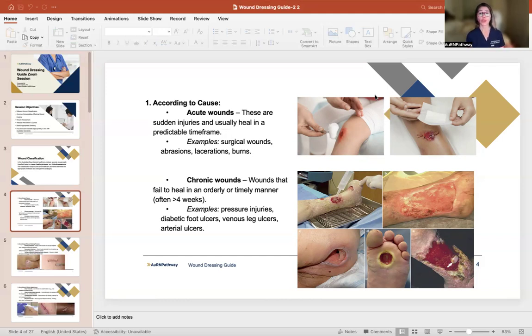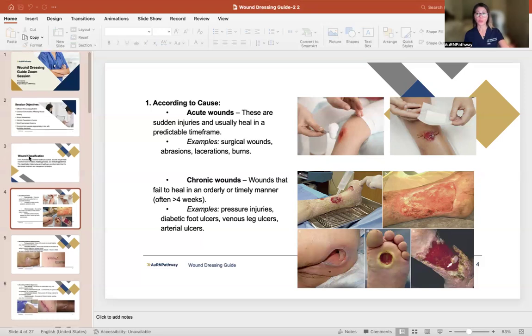Chronic wounds are very evident especially if the patient has comorbidities, meaning they have other medical issues apart from what they're dealing with, specifically problems with blood circulation, which we're going to talk about in a bit more detail in the following slides. These are examples of your chronic wounds.